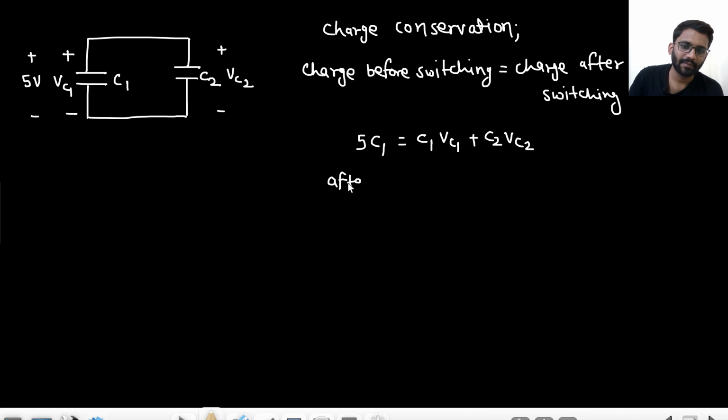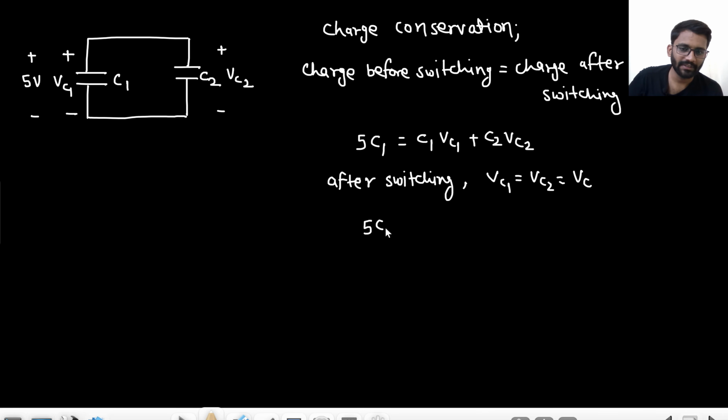After switching, why does it have to be equal? To follow the KVL, right? Potential has to be equal. So after switching, VC1 equals VC2 equals some voltage VC.